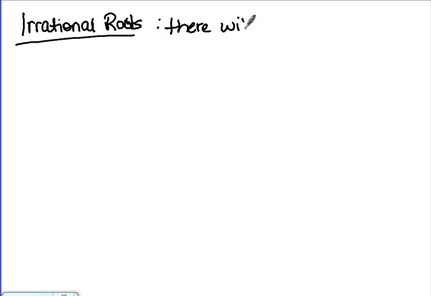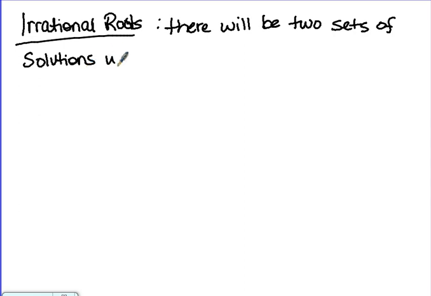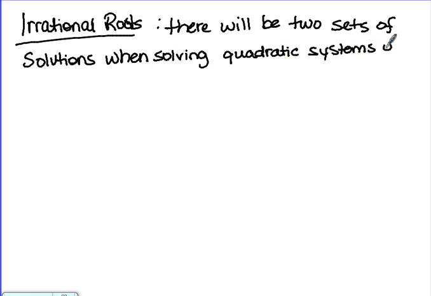There will be two sets of answers, or two sets of solutions, when solving quadratic systems of equations.